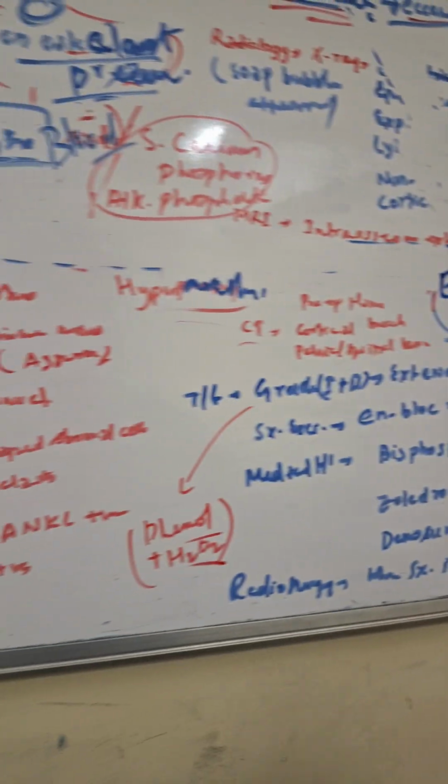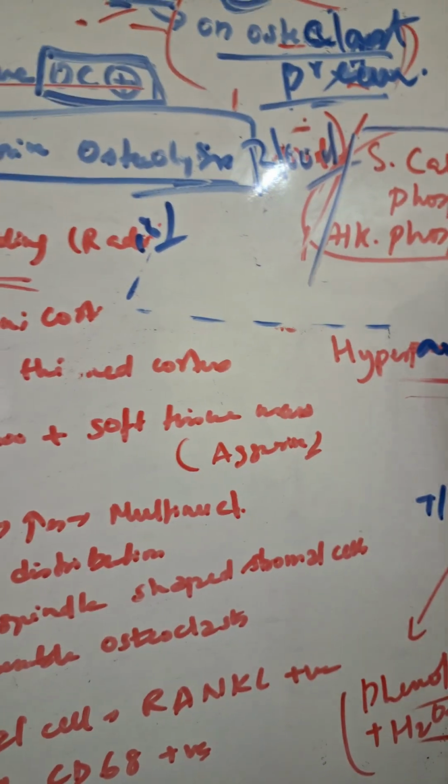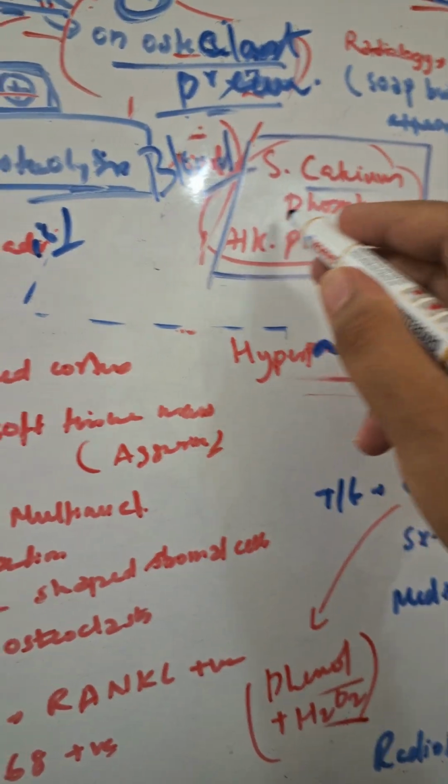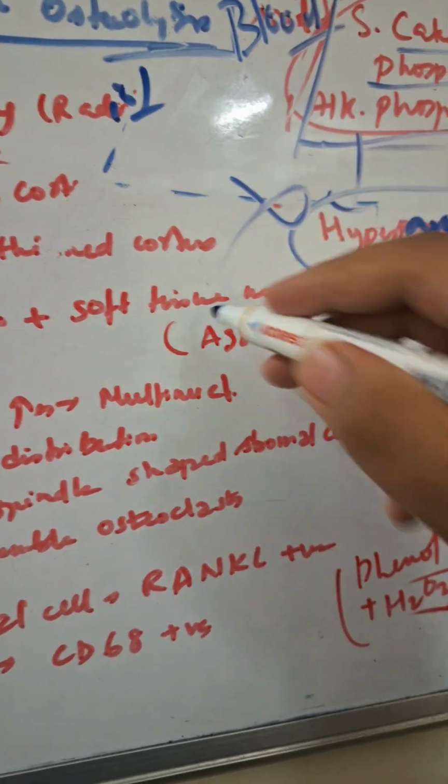Always remember, brown tumor is seen in hyperparathyroidism. So to rule that out, we do blood investigations: serum calcium, phosphorus, and alkaline phosphatase, just to rule out whether the pathology is parathyroid or not.